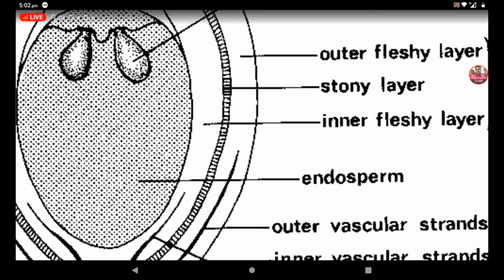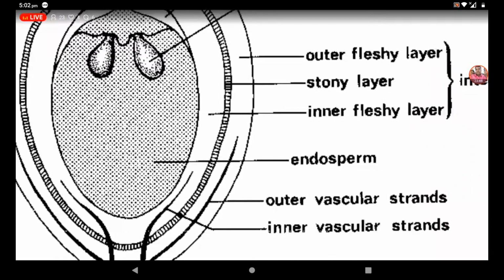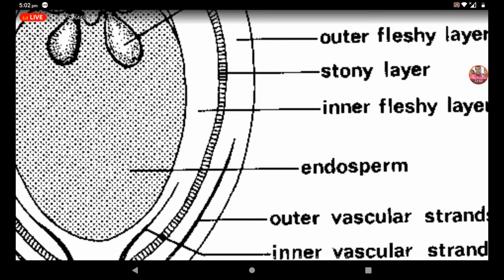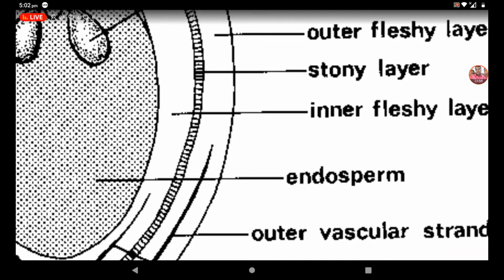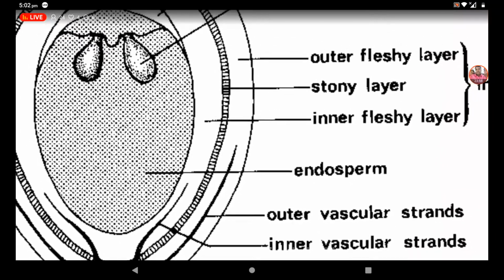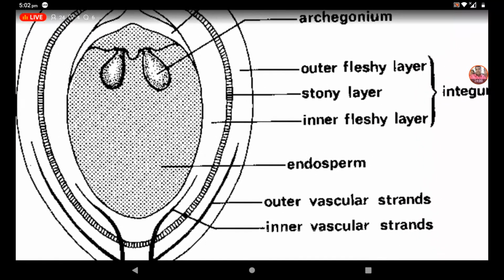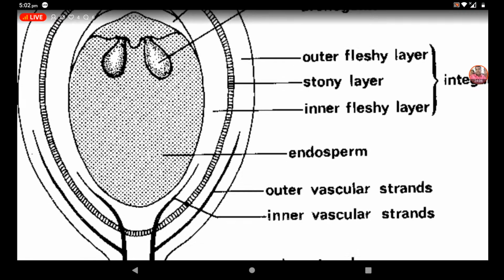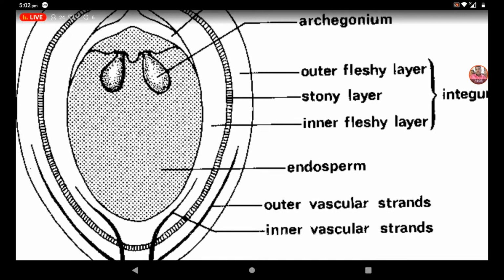Here we showed exactly that the endosperm is also mentioned. Earlier the same part was shown as the female gametophyte. Now it is mentioned as endosperm. So the female gametophyte of gymnosperms is called endosperm, which is a haploid condition. In angiosperms, endosperm is triploid. So this difference should be focused on. The endosperm of gymnosperms is a female gametophyte.